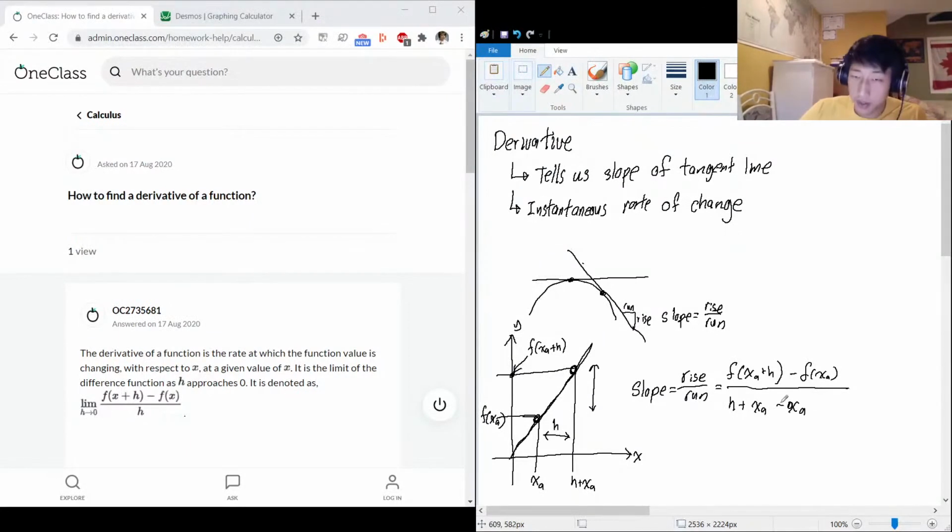These two terms cancel each other out. So we know that the slope is equal to f of x of a plus h minus f of x of a, all divided by h.